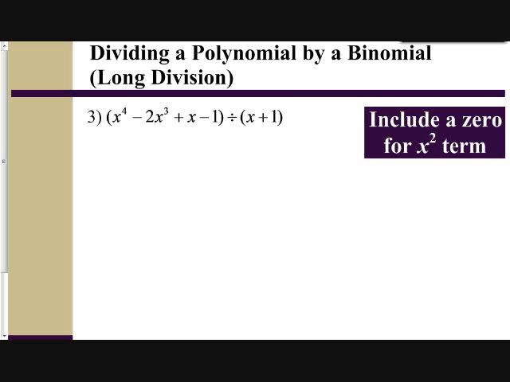In example 3, we notice that we have x to the fourth minus 2x cubed plus x minus 1. Now, in this example, it's different because we're missing a term here. Our powers go from x to the fourth to x cubed and skip the x squared power and go just to x minus 1.